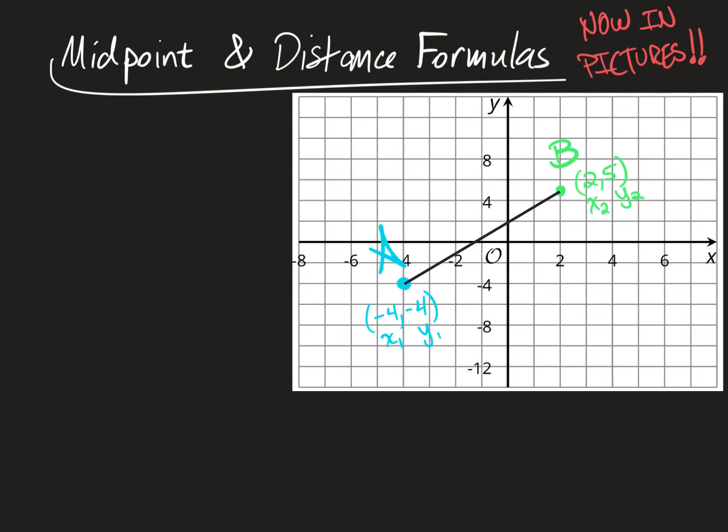And from here, we can think of it a couple different ways. We can think of it visually, and maybe we can just think of it more logically and ask the question, what is the middle value between -4 and +2 for the x's?